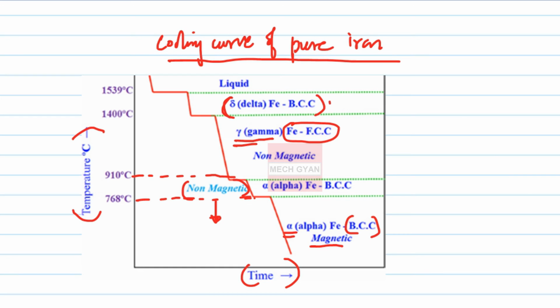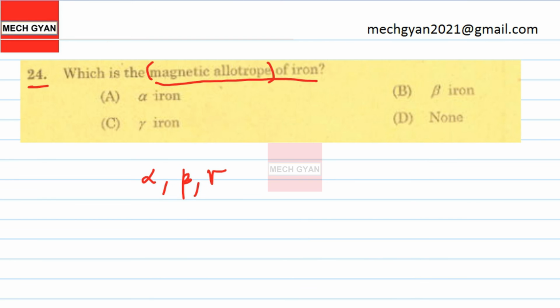Below 768 alpha iron is magnetic. The melting point of iron is around 1539 degrees centigrade, above which it is liquid. So the magnetic allotrope of iron is option A, 24A is the right answer.